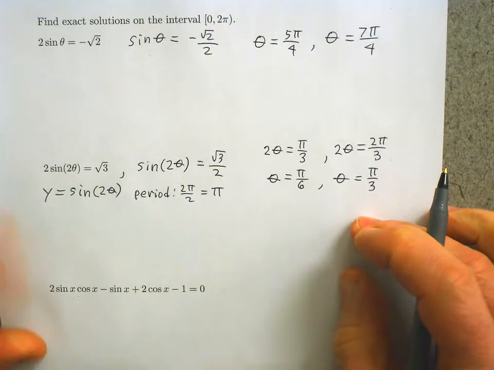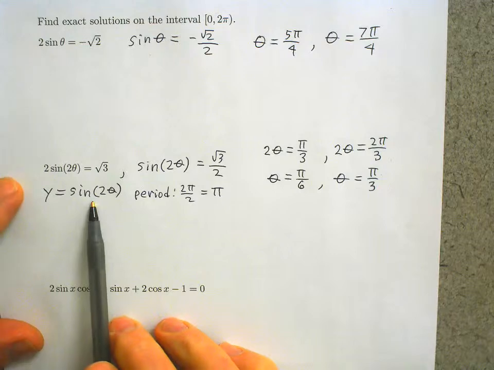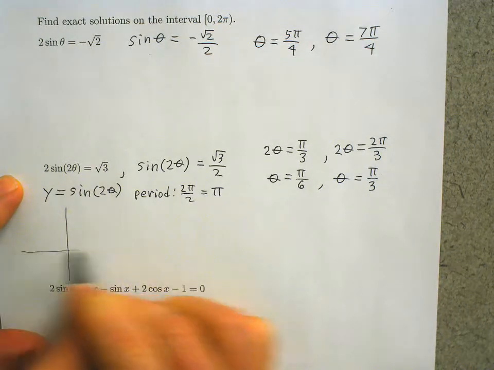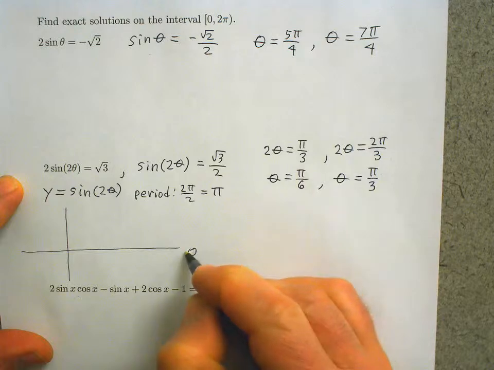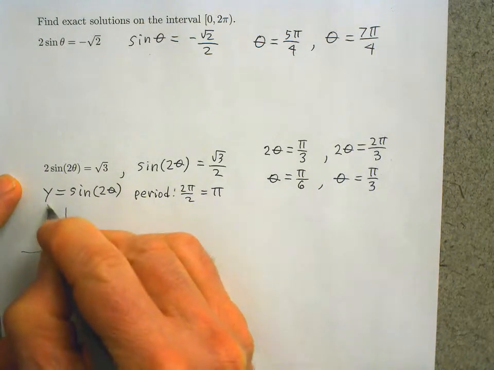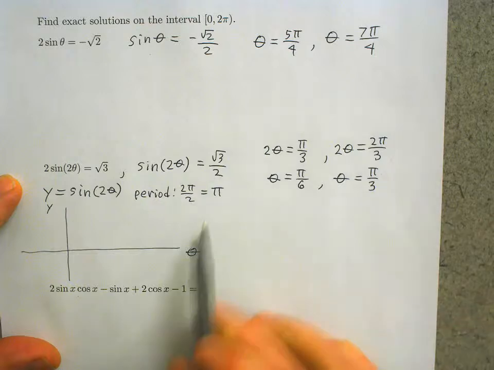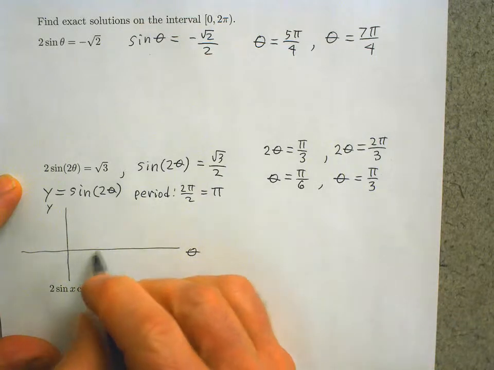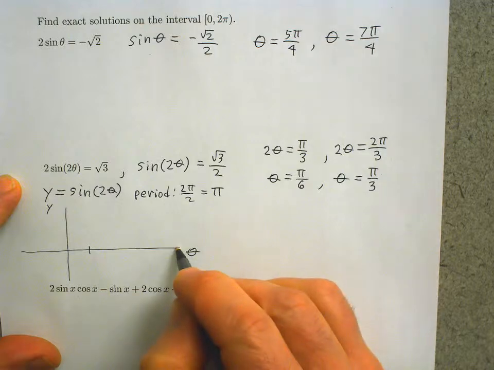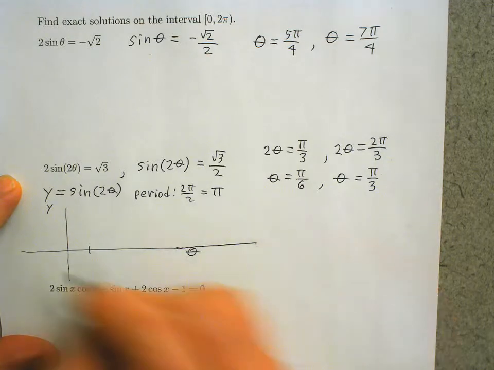So if we were to sketch a graph of y equals sine of 2 theta in the theta y plane, we're not using x, we're just using theta for the domain variable. That's okay. And so we get 1 period of pi between 0 and pi.